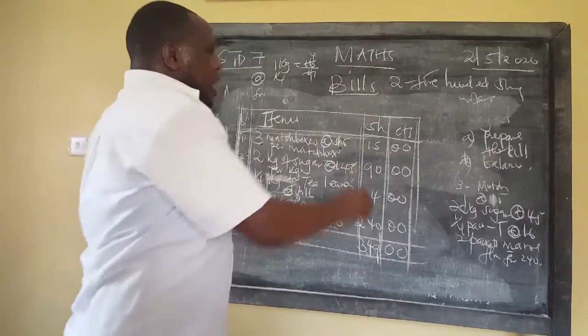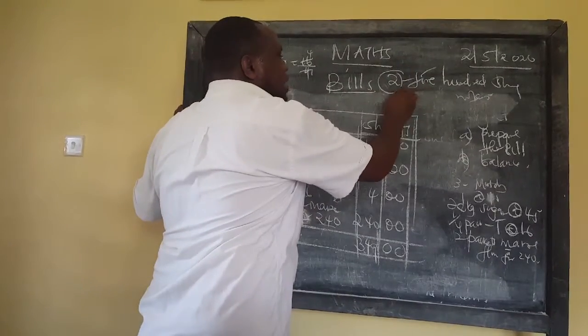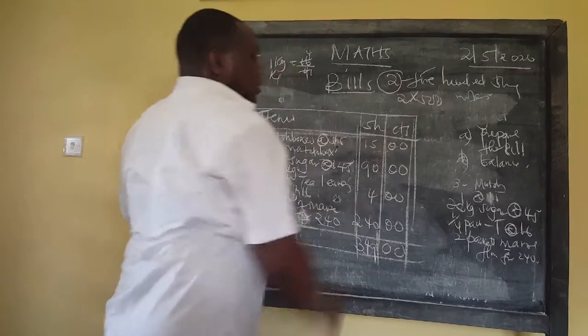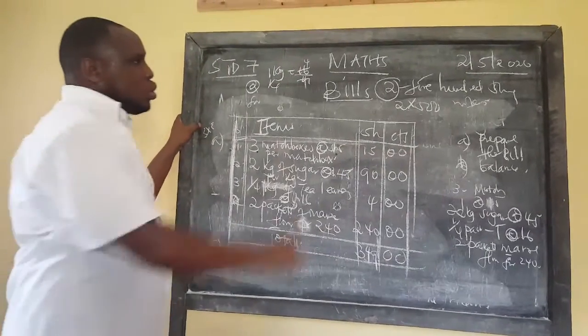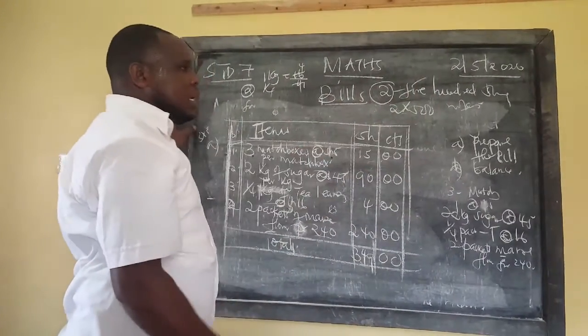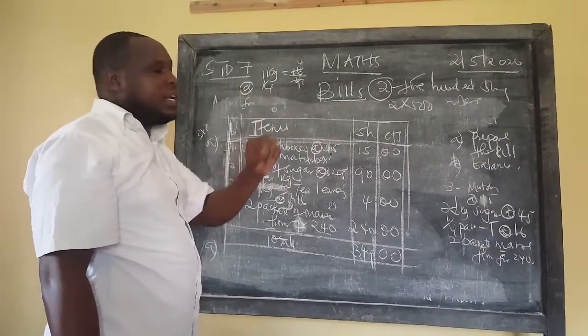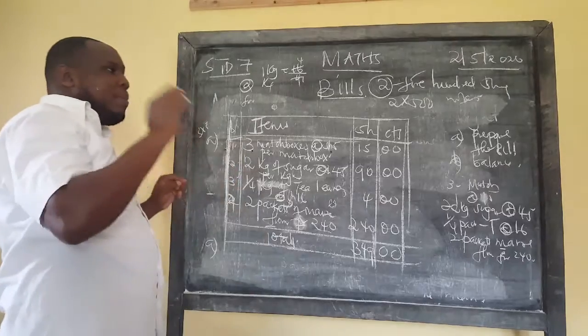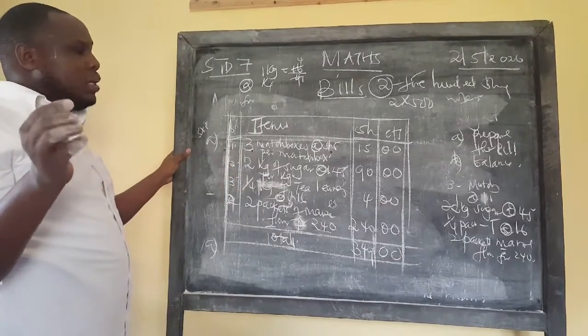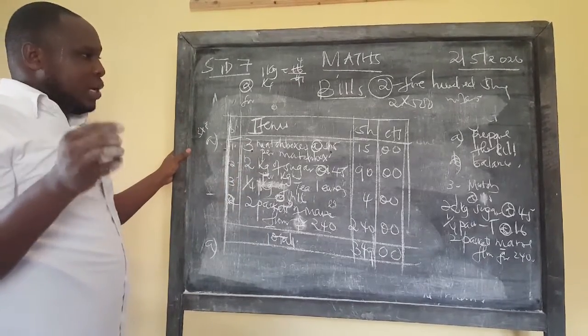So the moment you hear about 2 500, you take 2 times the 500 to know the total amount. So 2 notes of 500 each, 500 plus 500 to get 1,000. So the total amount that you went to the market with is 1,000.